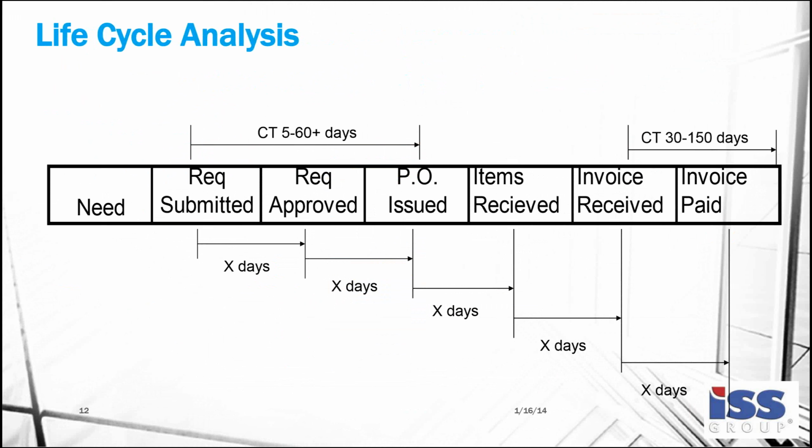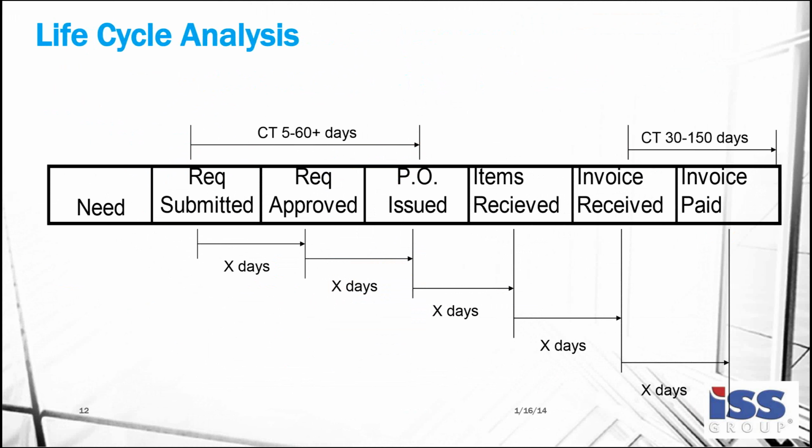Now, we look at cycle time, and we break up cycle time in Procure to Pay into these two buckets to do some diagnostics. You see, from where the requisition is submitted to when the PO is issued. This is a critical process. It's internal, and it's driven by rules, regulations, approvals, those kind of things.